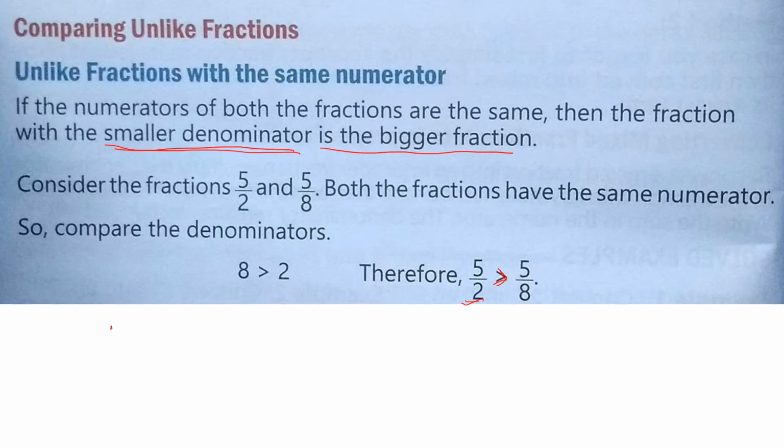Suppose here 10 by 15 and here 10 by 30. Both numerators are the same. Now which one is bigger? 15 is the bigger one in this situation if the numerators are the same. Got it?